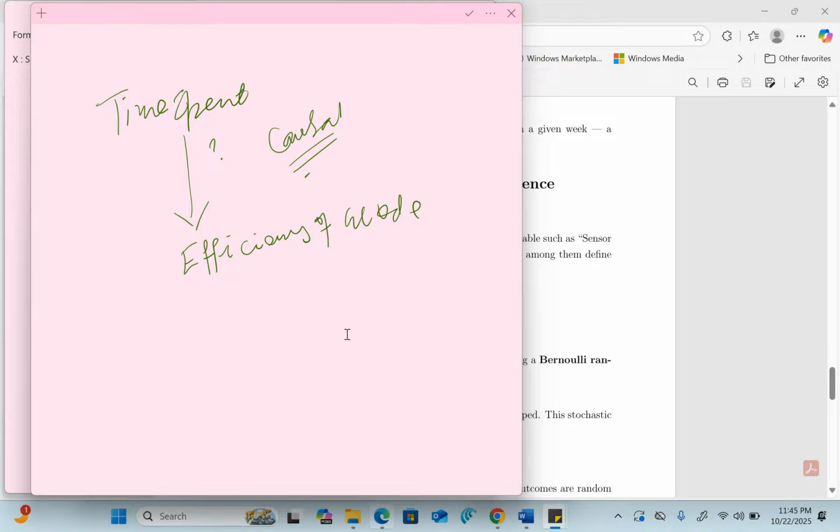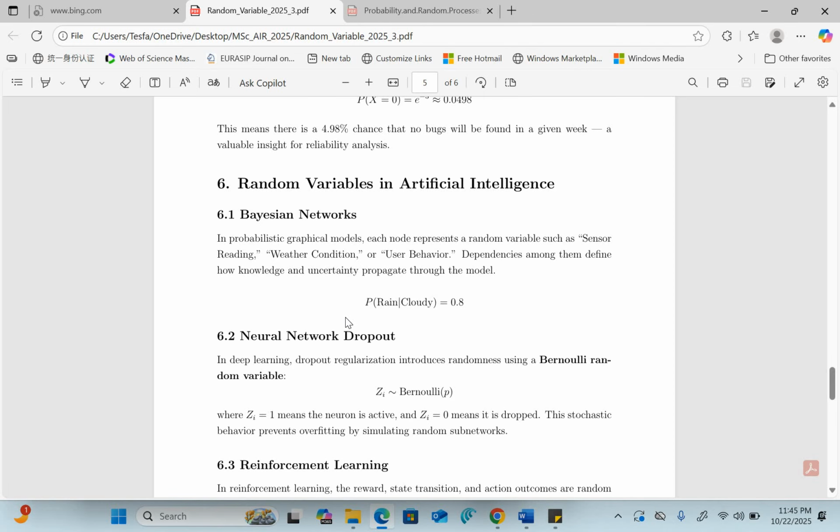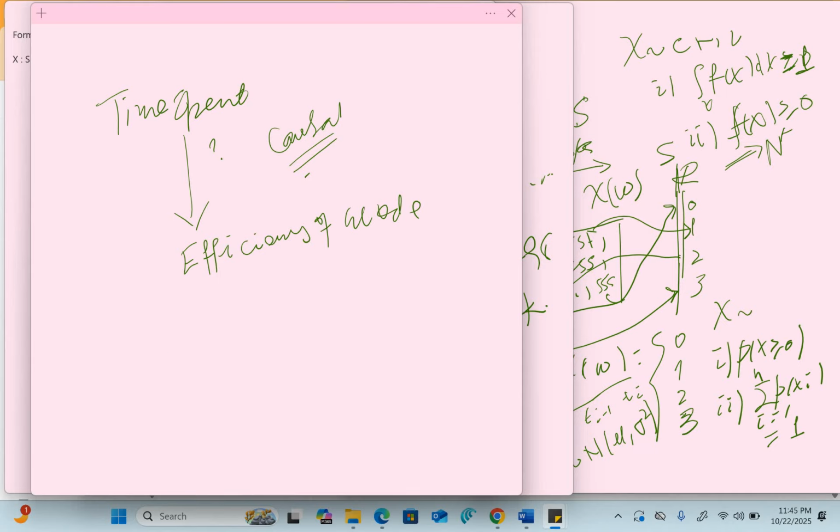In such a scenario, the random variable is important to understand for the Bayesian network. The probability of rain, for instance, given cloudy equals 0.8. So which one is dependent on which? The time spent, the efficiency. The efficiency given time is a certain value, because the probability of efficiency on the code depends on the amount of time, the attention, the type of experiment, the type of simulation, the type of code, the type of framework, the type of application by itself, and even the type of experience could have an impact on efficiency.